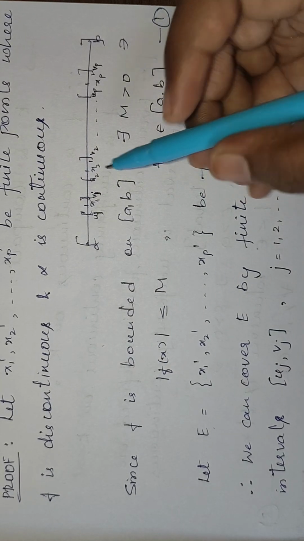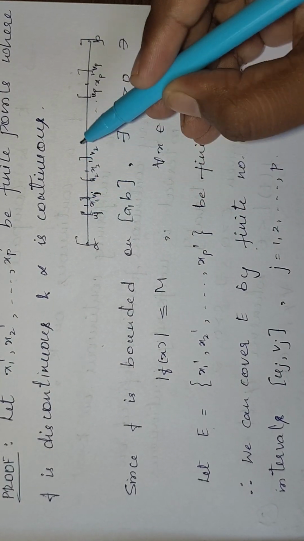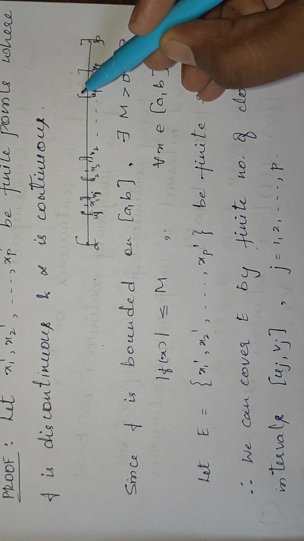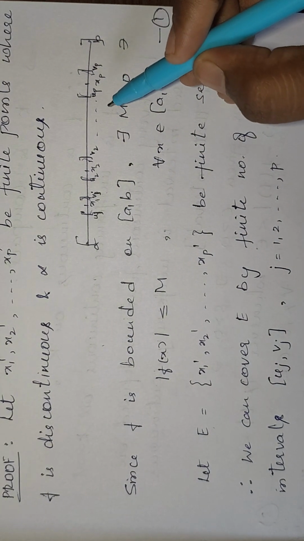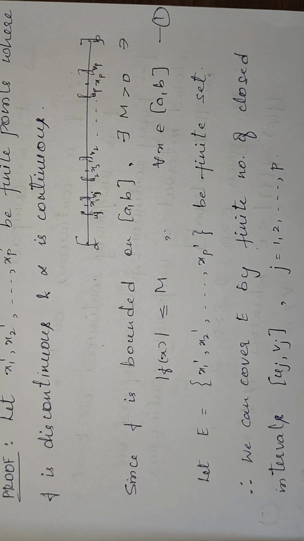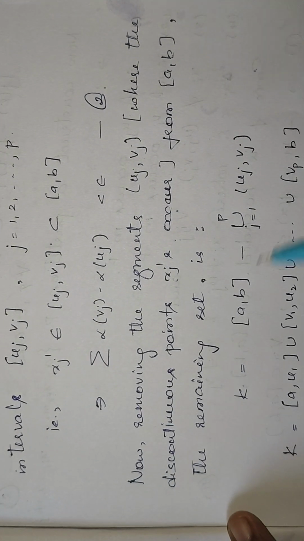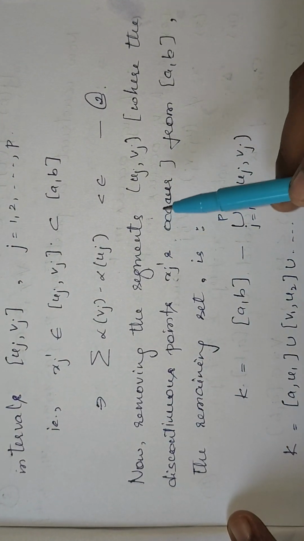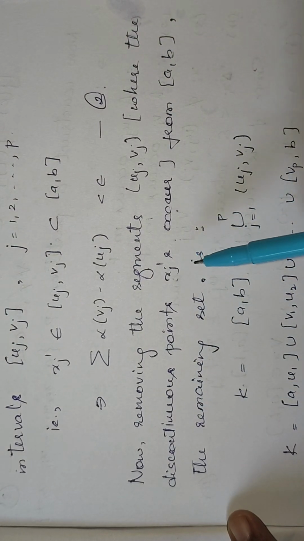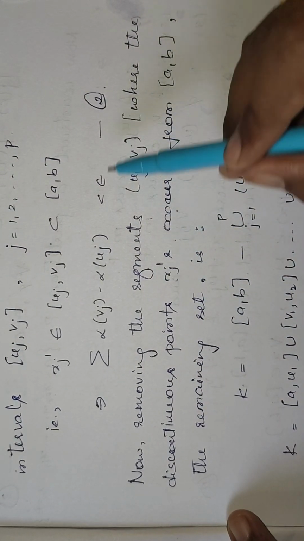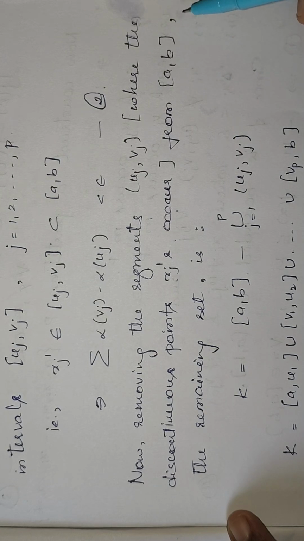So what I'll do, I will remove these small intervals where f is discontinuous. Now, removing these segments (uj, vj) where the discontinuous points xj occur, I am removing these from the closed interval [a, b].